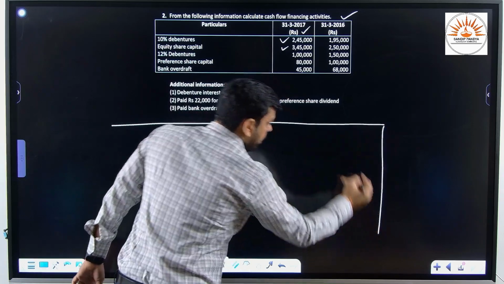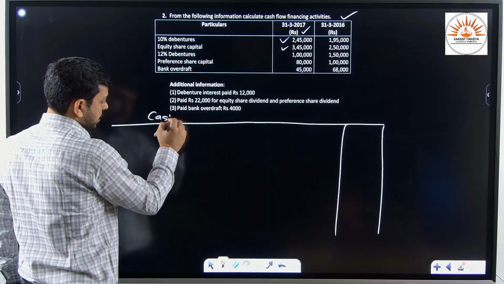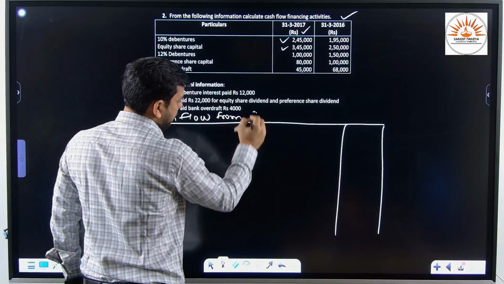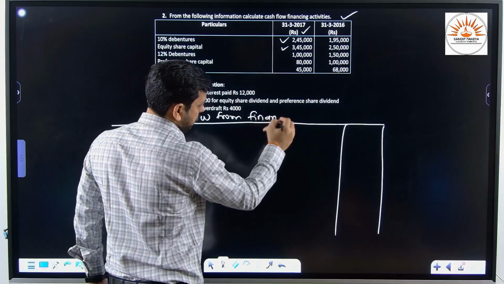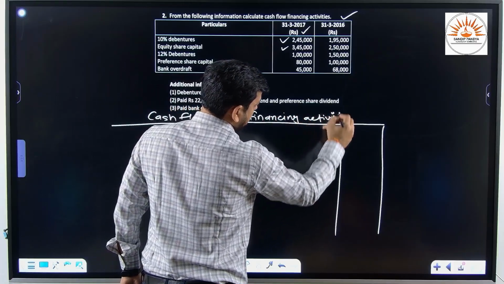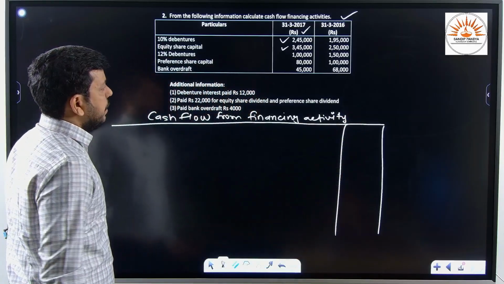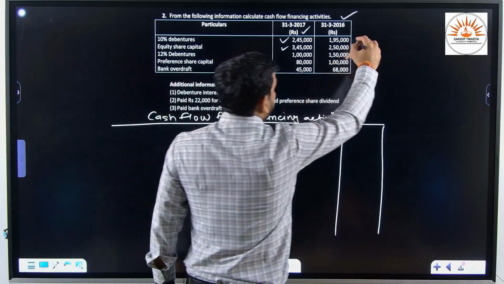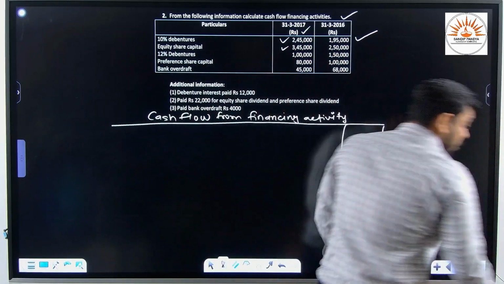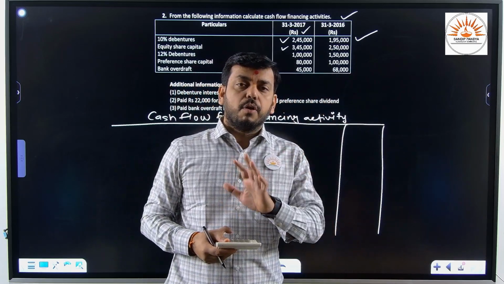First of all, we shall write the title, that is cash flow from financing activity. See, 10% debenture was rupees 1,95,000, which became 2,45,000 at the end. As I told you, during the year we have received an additional amount from the debenture holder.